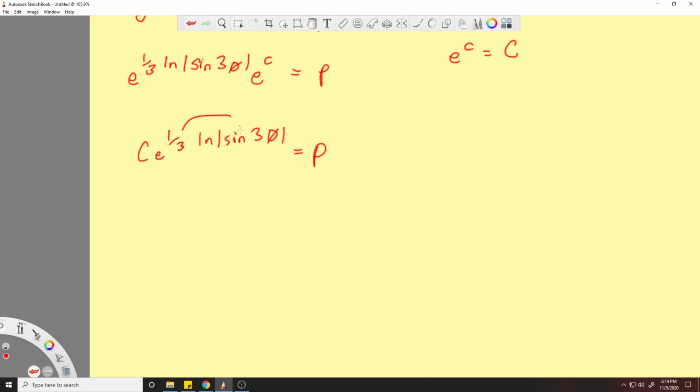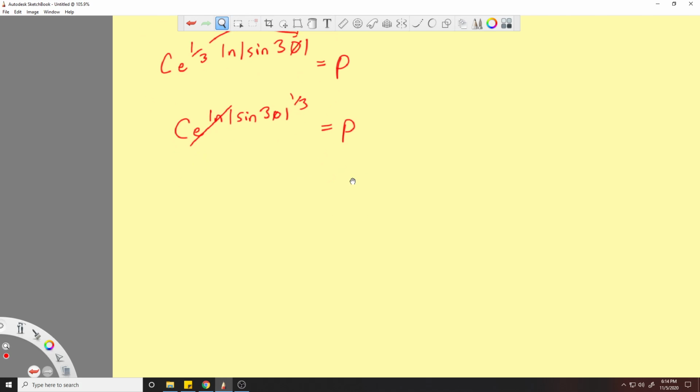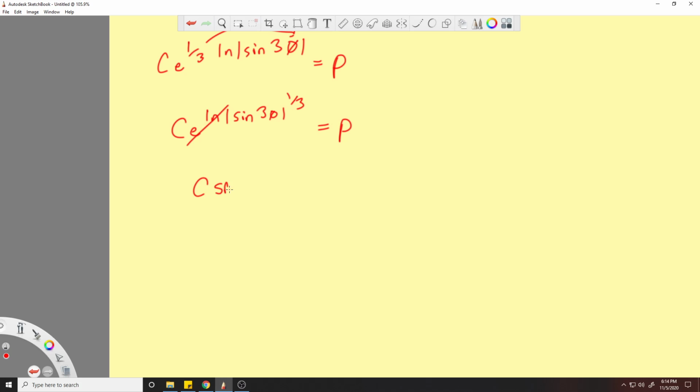Now I'm going to put this in the exponent using my log rules, and now this whole e to the ln will cancel. So now you're left with c times sine of 3 phi to the 1/3 power equals rho.